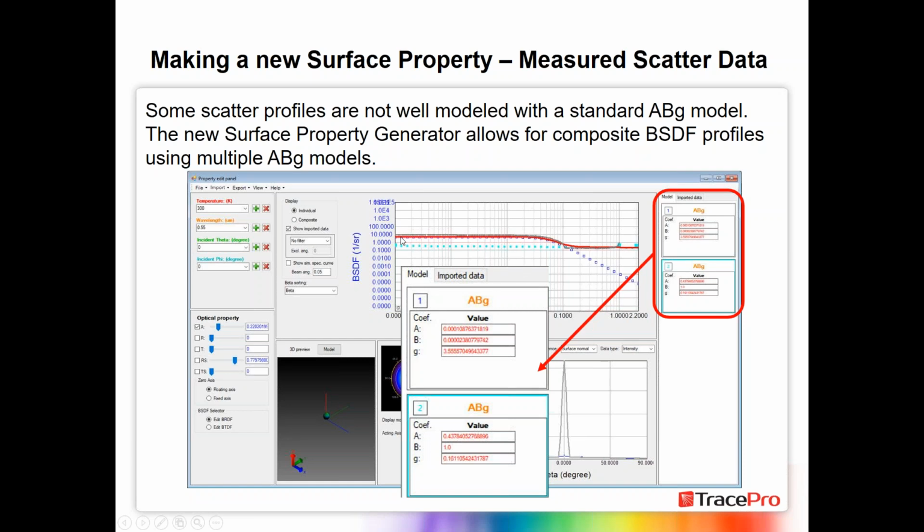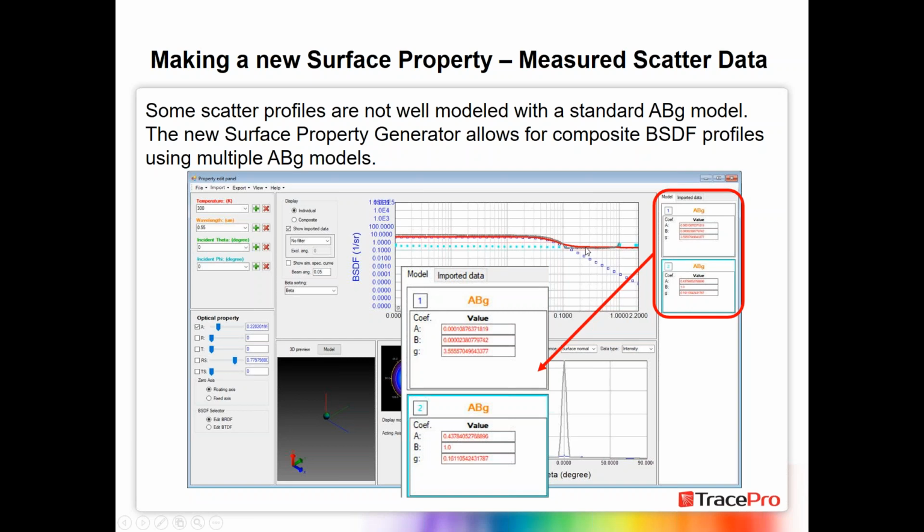And now what we have is this dark blue curve here is one scatter model, and this light blue is the second one. So we're using the first scatter model, the first ABG curve, to model this and then down to this roll-off here. And then the second scatter model is modeling this shallower roll-off here.